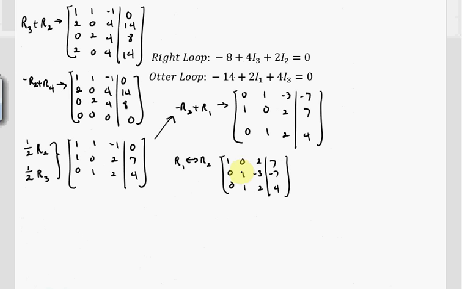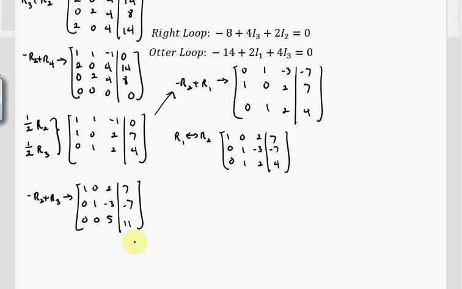Now we'll use this one at A22 to get a 0 below it. Becomes a 5, becomes 7, 4, 11. So now we divide row 3 by 5, or multiply by 1/5.